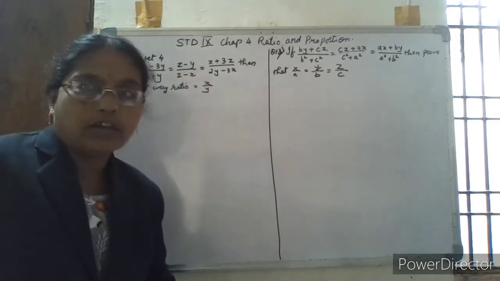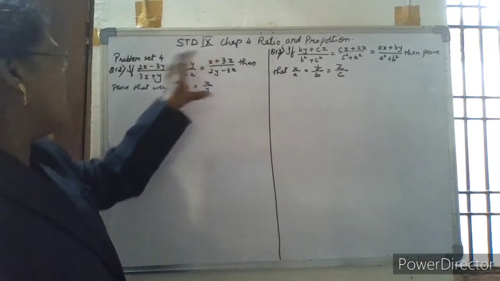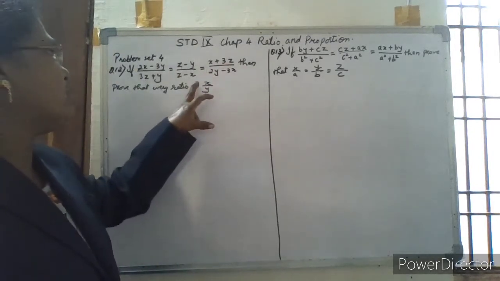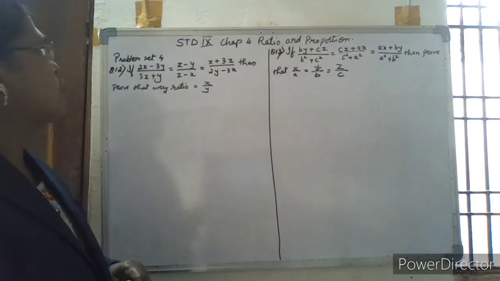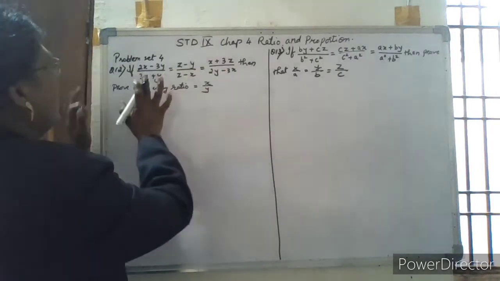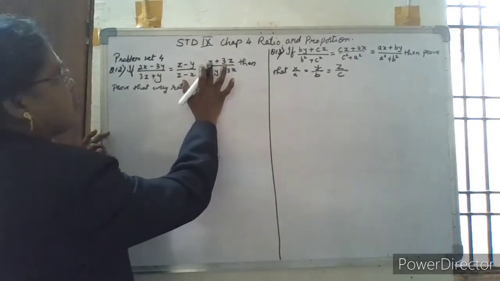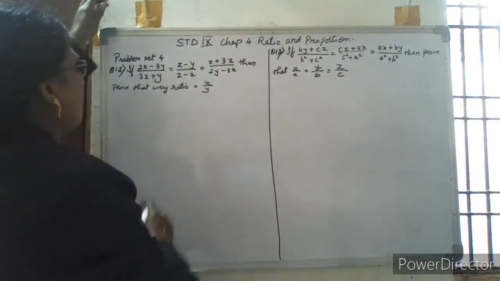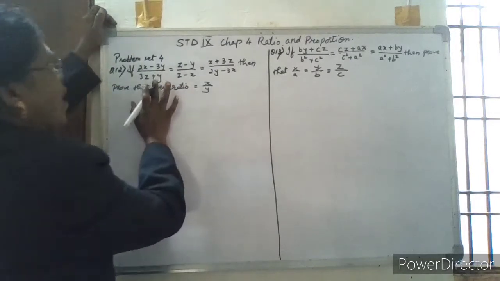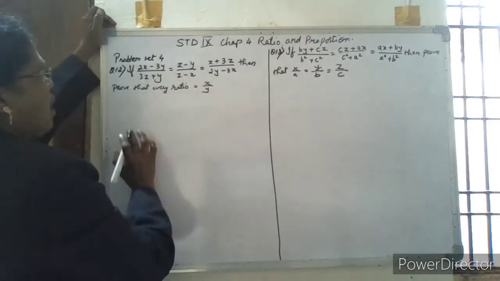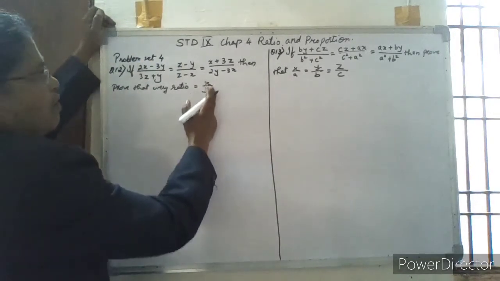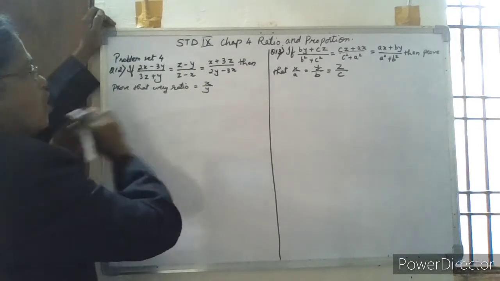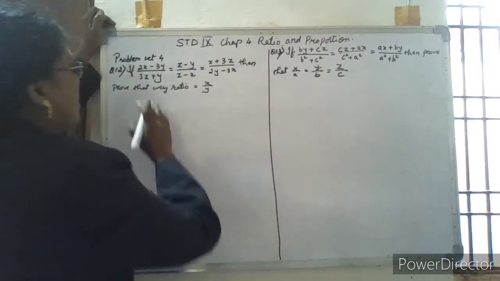So when we solve this by the theorem on equal ratios, we must be left with x by y. So here you see, 2x plus x will give you 3x. And y plus 2y will give you 3y. So 3 will cancel, we will be left with x by y. So all the other remaining terms must be cancelled.